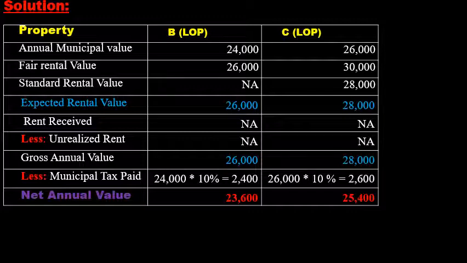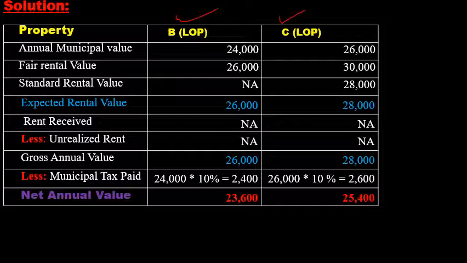Self-occupied property carries a separate format, whereas let out property and deemed let out property carry the same format for the calculation of net annual value as well as the calculation of income from house property. So in this problem, property B and property C are let out property, meaning deemed let out property. For the assessment, they are considered as let out property.